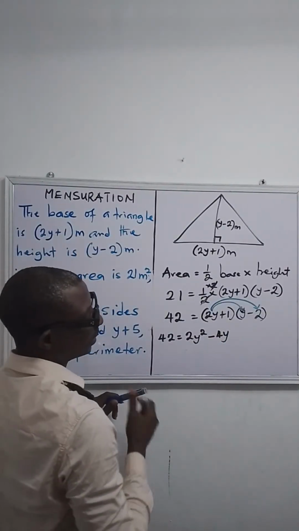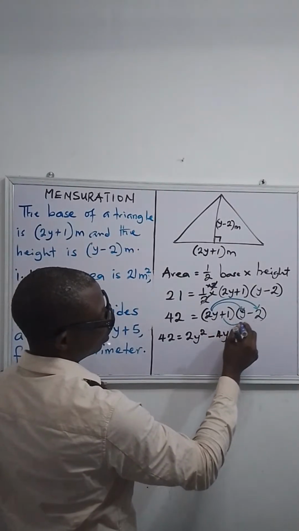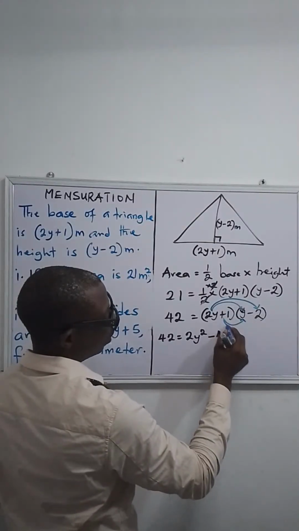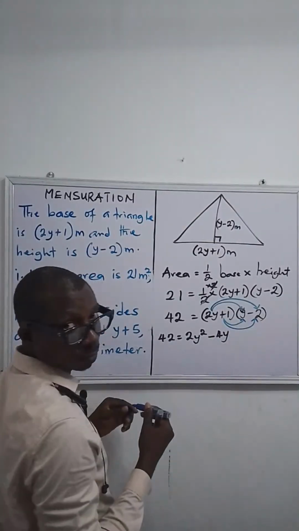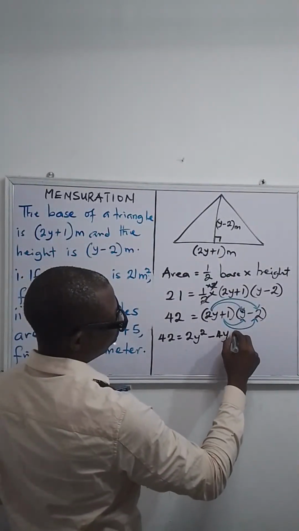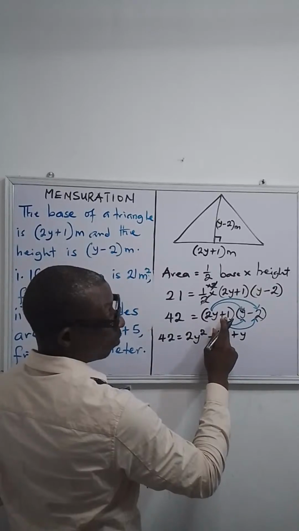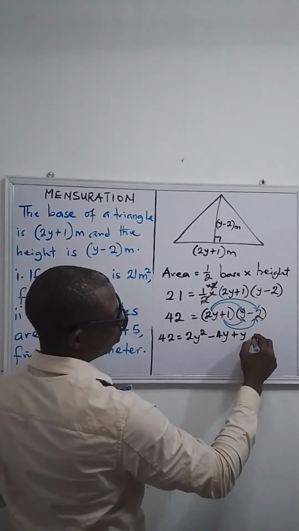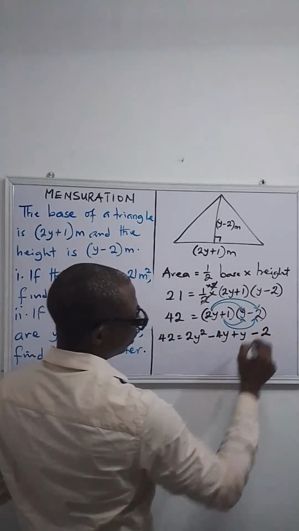Then the next thing is to use this one to multiply y and also to multiply negative 2. So 1 times y gives you plus y, and 1 times negative 2 gives you negative 2.